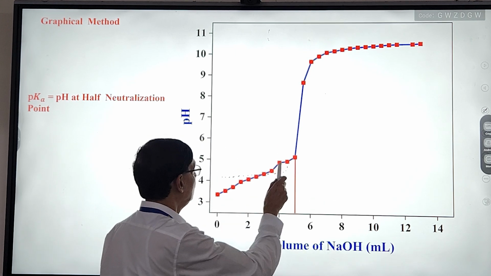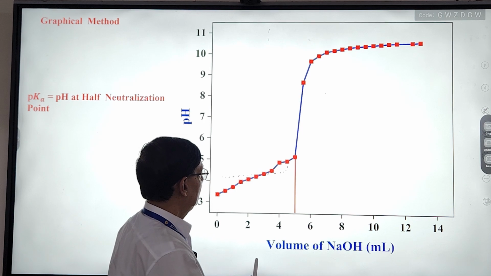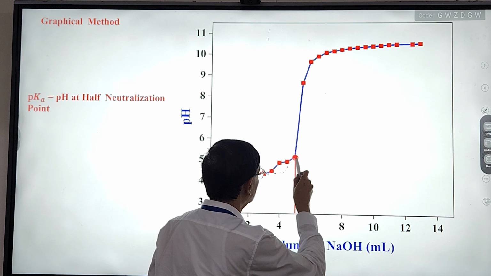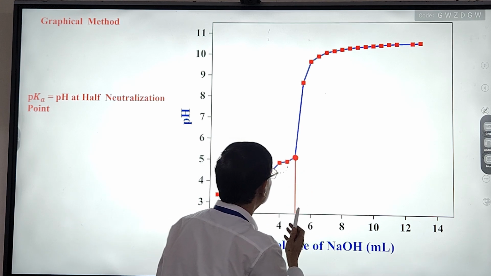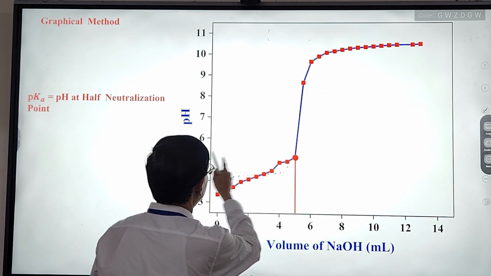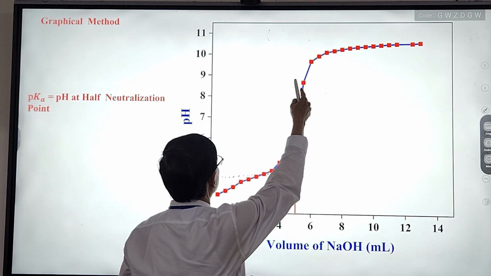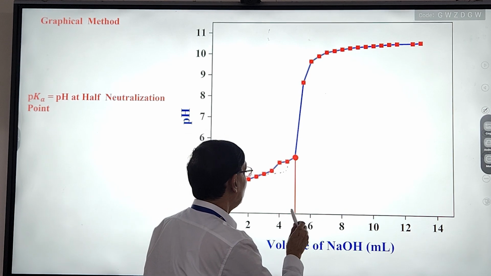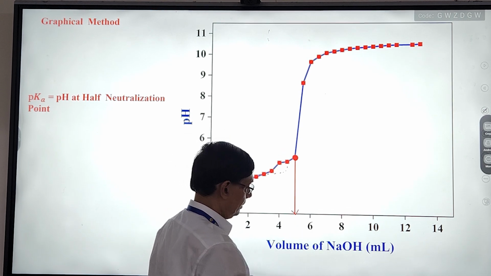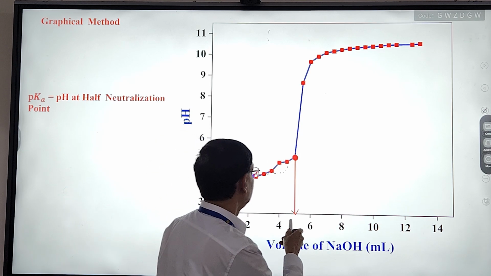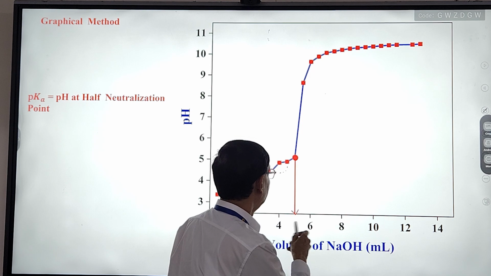So these are the values. But after a certain point, I have seen there is a change, from 0.5 to suddenly 9 or whatever it is. So that point, when you take the graph paper, may be 5.